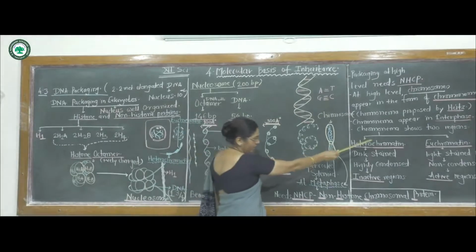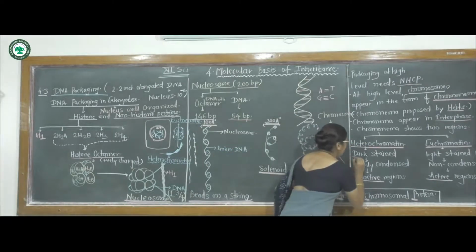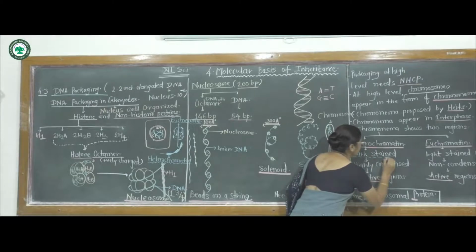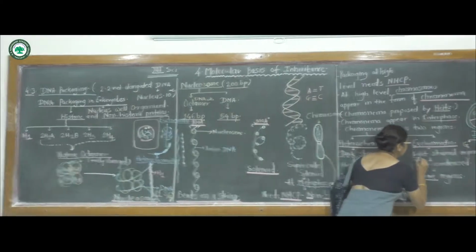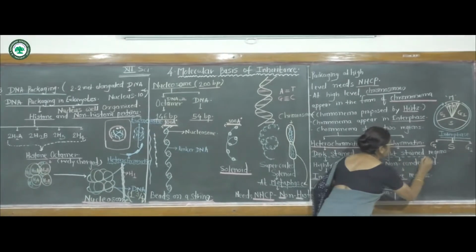So here heterochromatin, which are the dark stained region, and the euchromatins, which are the light stained region.